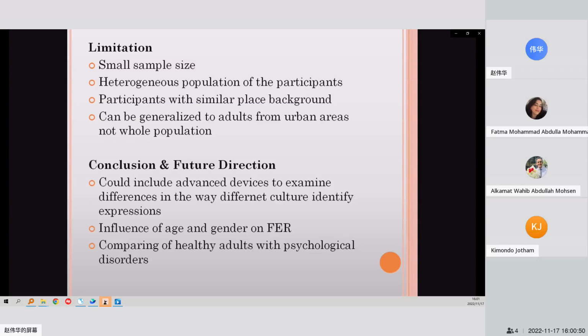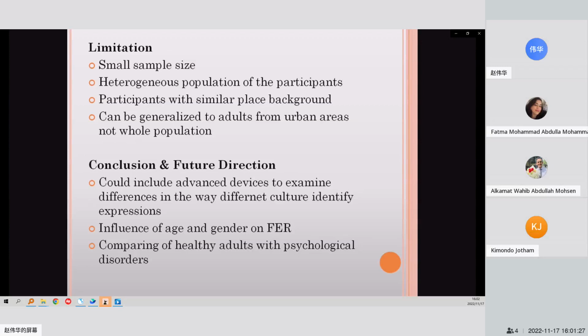This is one of the limitations, and this can generally be generalized to the adults from urban areas, since both of these areas are urban areas, and no higher age group like above 60 or lower age group below 18 were involved in this study. Sorry.